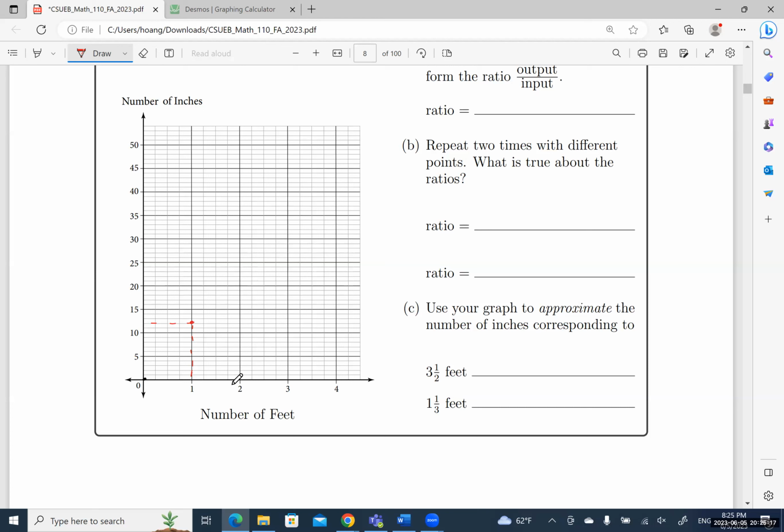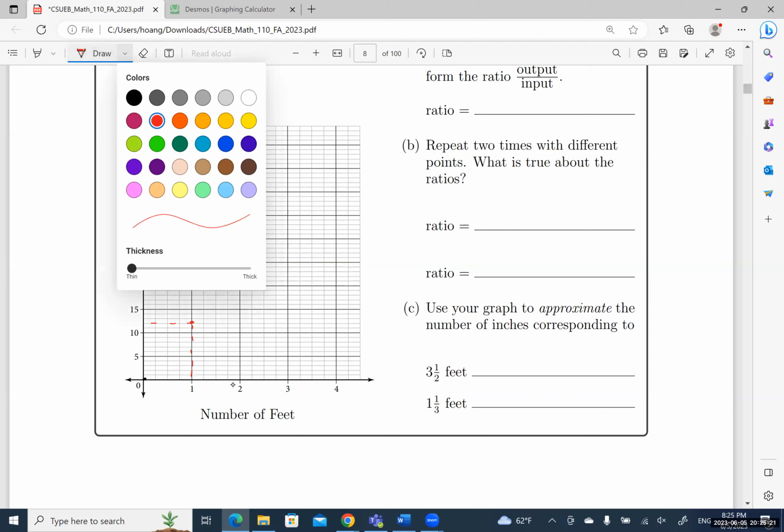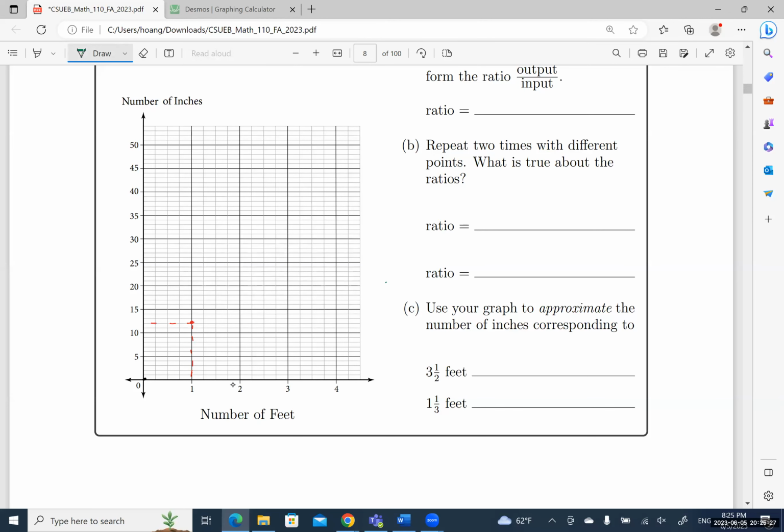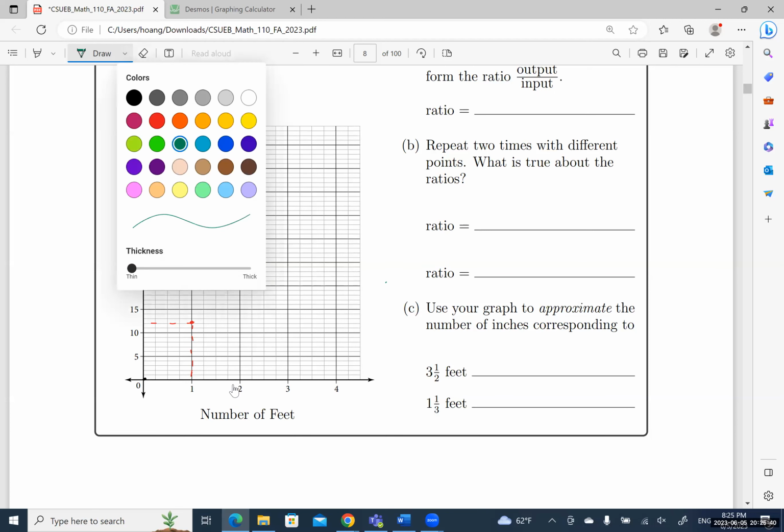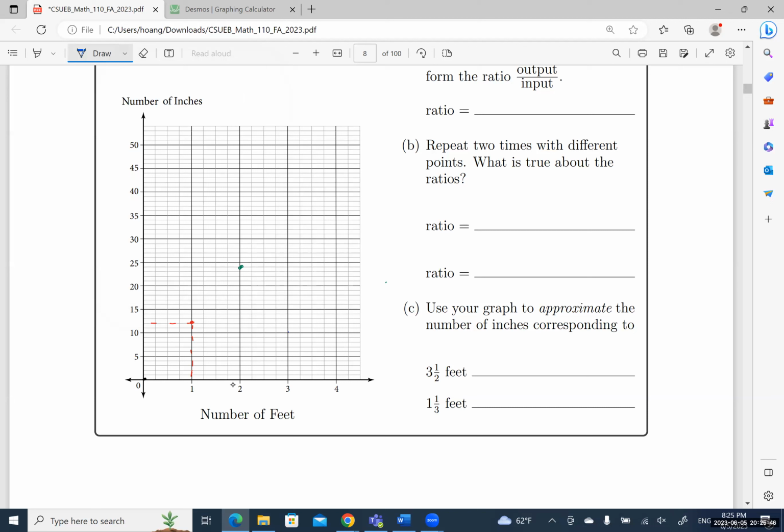Then we have this green one, right? 2 is 24, so this point. The same thing as before. And next one, 3 is going to be 36, so we're using the blue one.